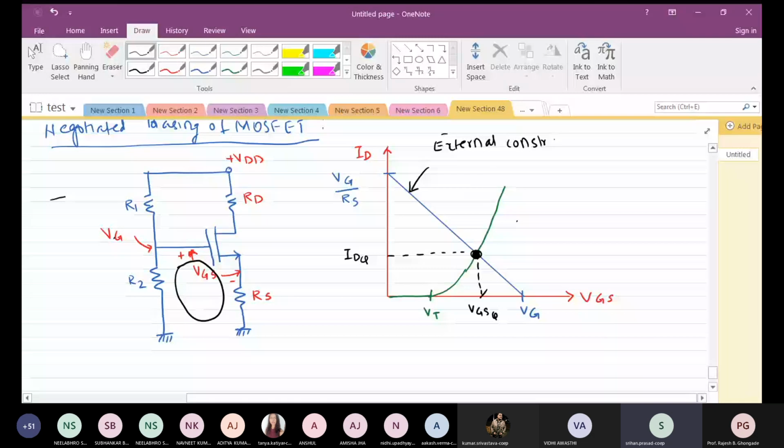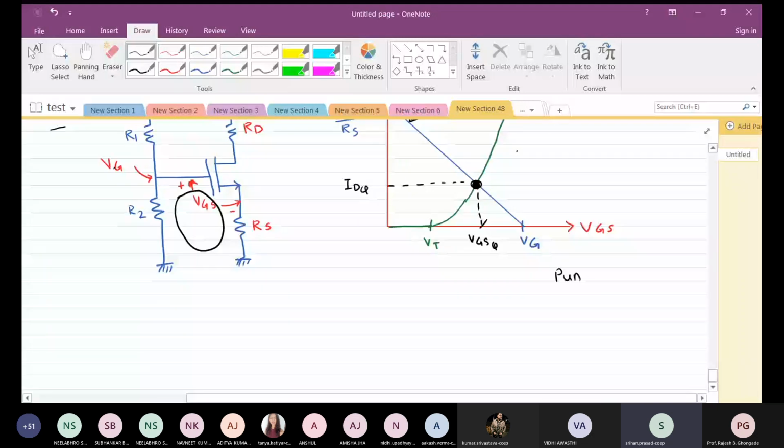Constraint means what? What do you mean by a constraint? Limitation. A very simple example I will give you. If you want to go from Pune, for example, to Mumbai, there are various ways in which you can do it.